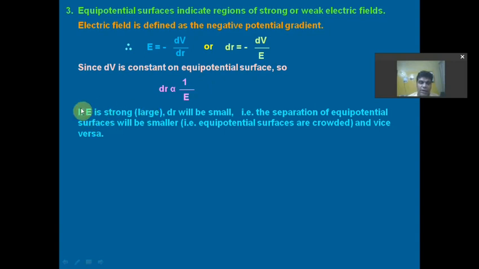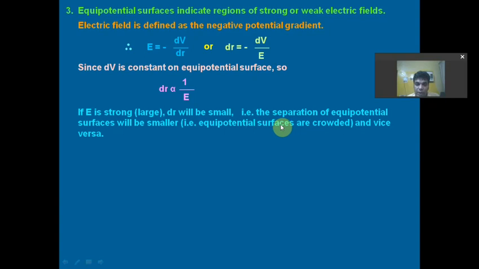And E vector is strong when dr is very small. That means the separation of equipotential surfaces will be very small, and vice versa. Therefore equipotential surfaces will become very crowded.